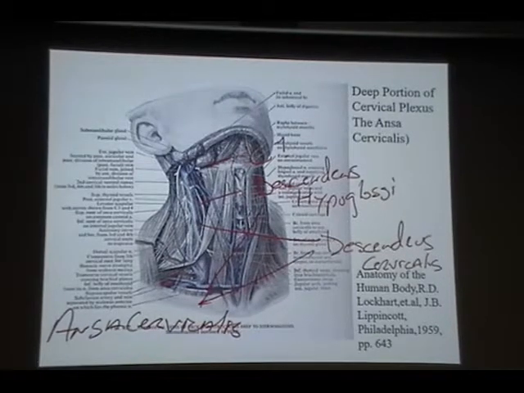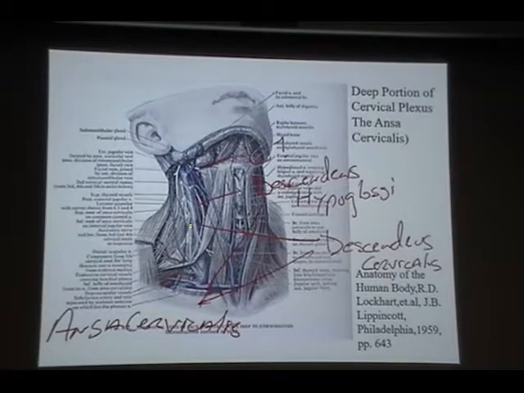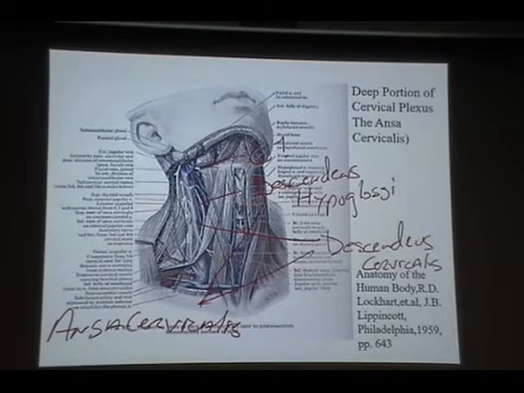So where we took everything off the top here, we had the superficial portion of the cervical plexus. What we see down here in relationship to these nerve branches coming off here, primarily to these muscles, which we'll talk about shortly, we have the deep portion of the cervical plexus, and it forms this nerve loop, which we call an ansa cervicalis formation.